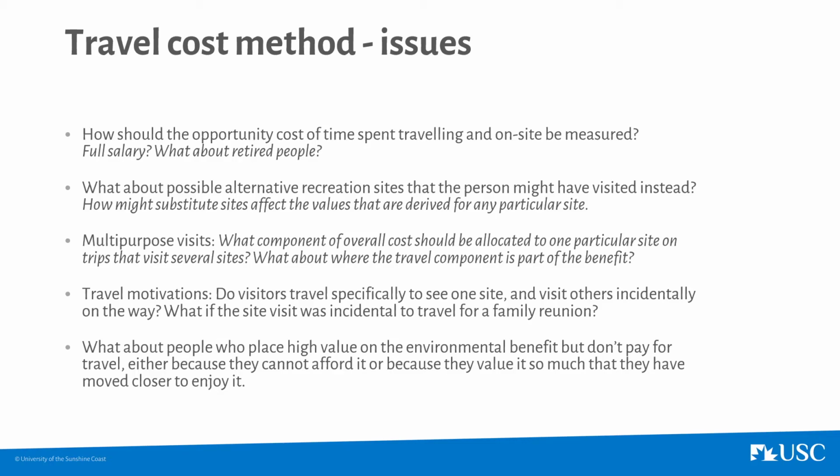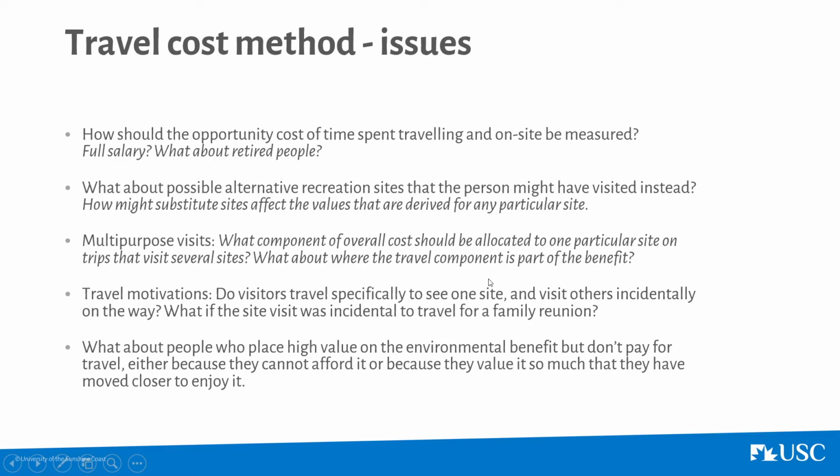But then the question becomes, how much should we actually include in that? For example, their full salary, or how would we work with retired people who might live close and so on. So studies typically use around 40% of the wage rate. Reverse studies have been done to try to estimate the best value to put in there. It's somewhere around 40% of the wage rate.